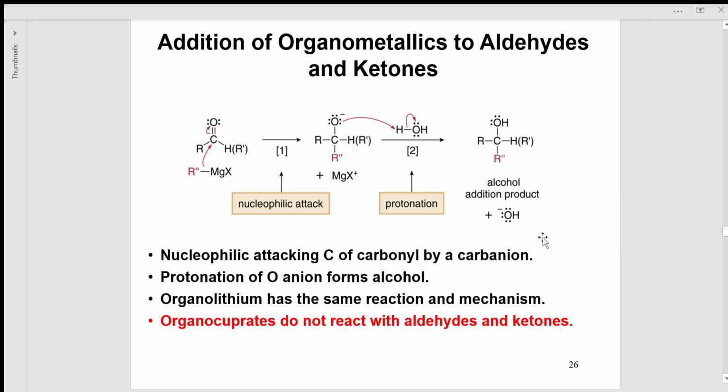So there are many different types of organometallic additions to carbonyl compounds. The first group is the aldehydes and the ketones. So again, this carbon bears a negative charge. It's going to attack this carbonyl carbon because it has some positive charge.